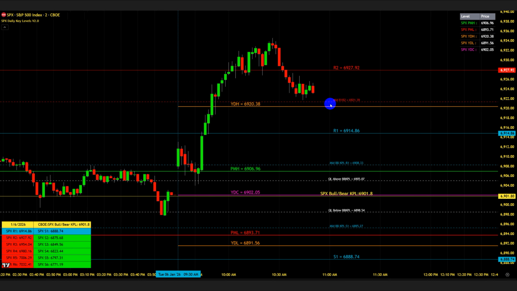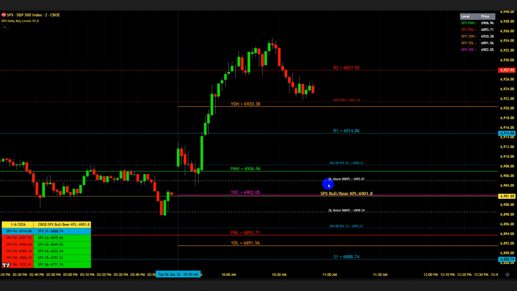Okay, so you also have these midpoint levels and these QL levels. The QL levels have a singular purpose only, and that is for tight stop losses for either bullish or bearish trades, depending on what type of trade you're taking and what main key level you're taking the trade from.